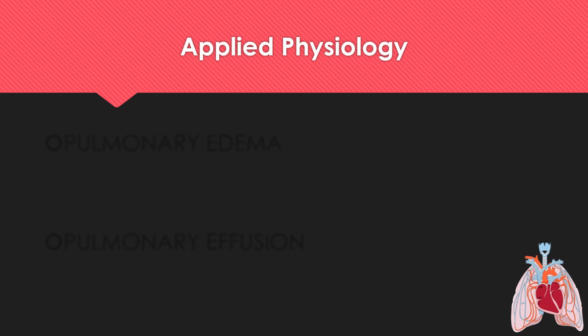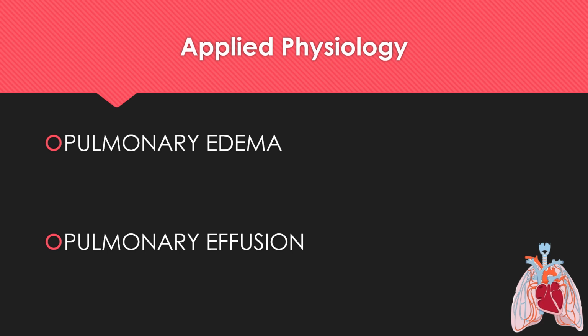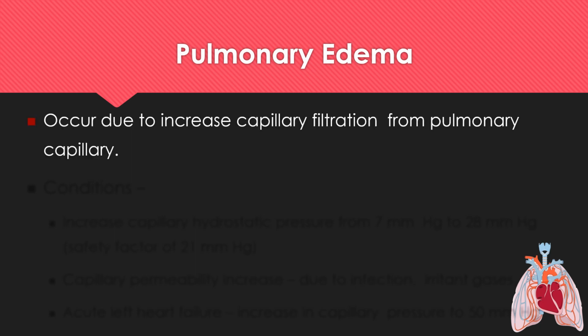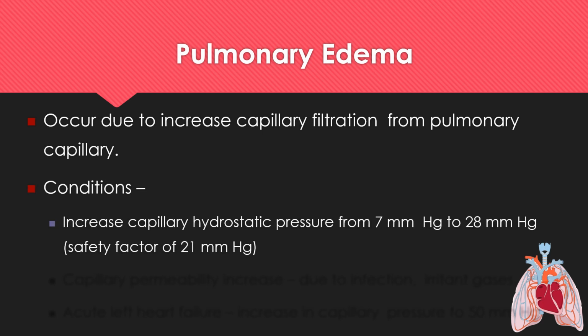Applied physiology: let us see pulmonary edema and pulmonary effusion. Pulmonary edema, we have discussed it. It occurs due to an increase in the capillary filtration from the pulmonary capillary. The condition that causes this is when there is an increase in the capillary pressure from 7 millimeter of mercury to 28 millimeter of mercury.